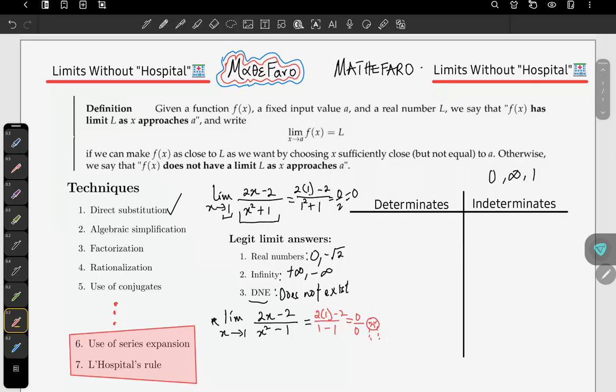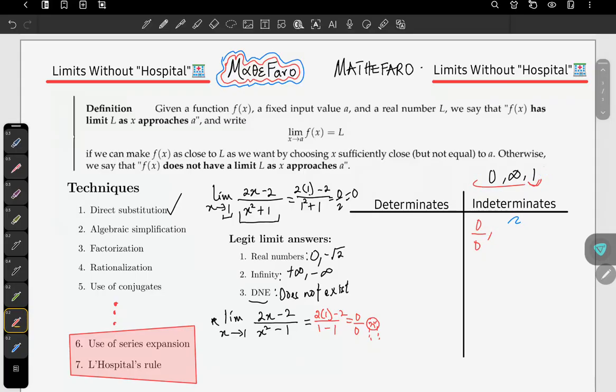And what are they? We have 0 over 0. Generally in mathematics, any division by 0 is said to be undefined, including 0 over 0. Some people would think 0 over 0 is 0, but no, it is undefined. But in the concept of limits, it is an indeterminate. Many of the indeterminates come from the combination of 0 and infinity, and 1 or 2 of them come from the usage of 1.